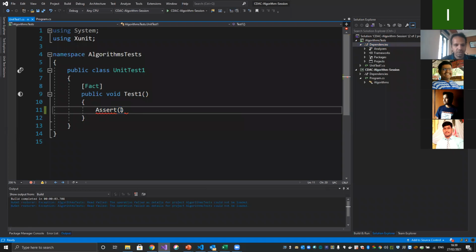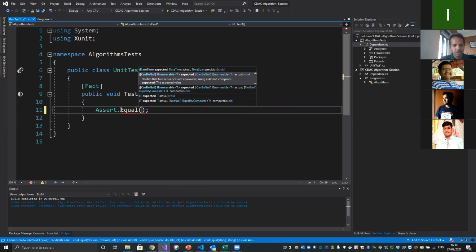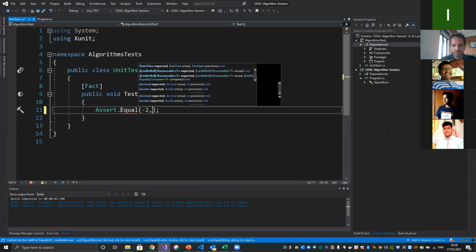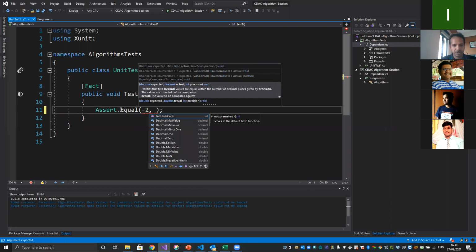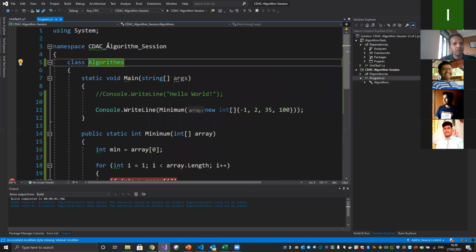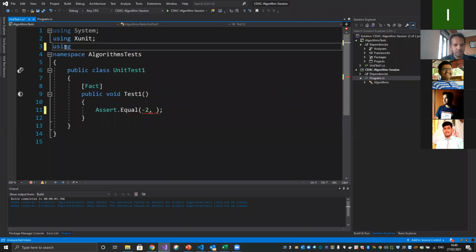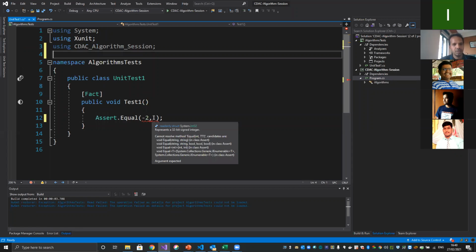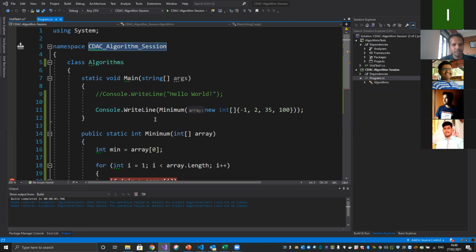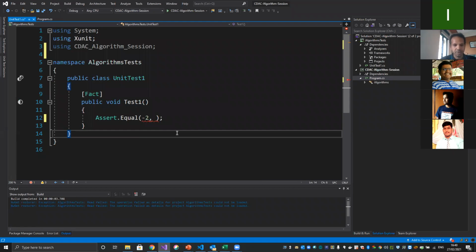So we say assert dot equal, and let's say we design an input where the minimum is -2, and we call our function. Our function is in the namespace, this namespace here. So we say using, and then we call our function. Our function is in the class Algorithms. It's a static function, so I don't have to instantiate the object.